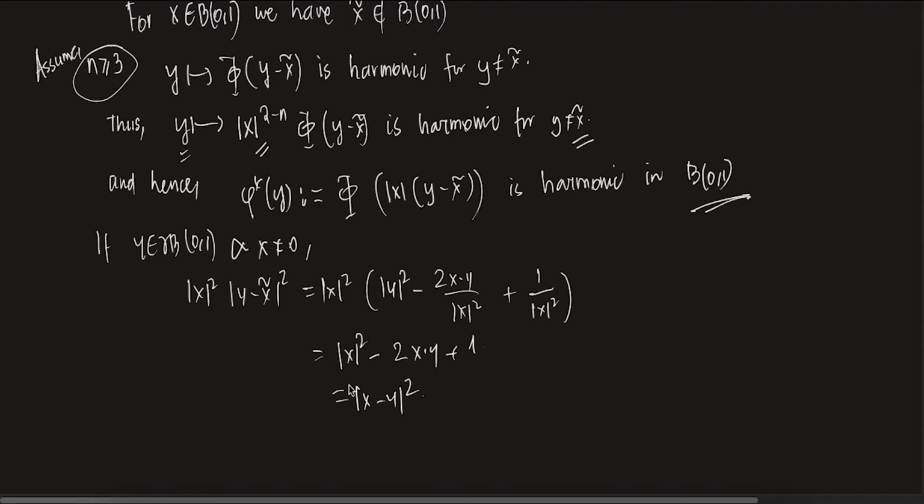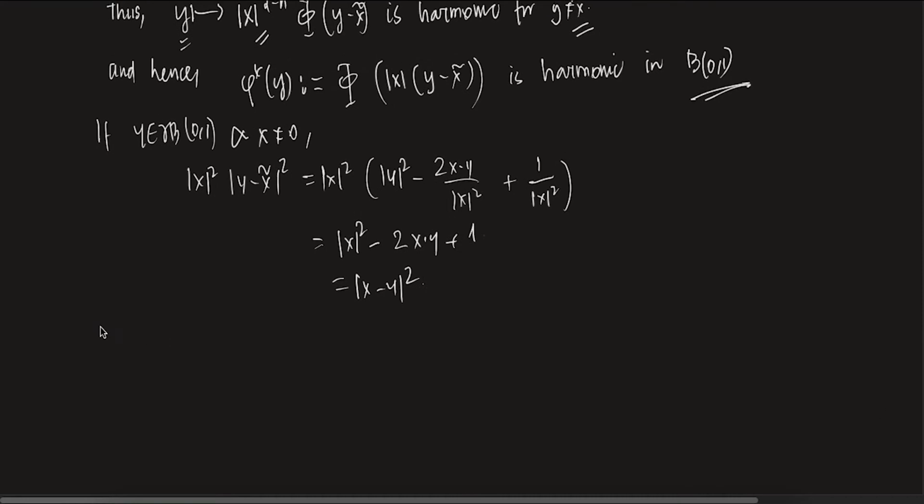So essentially what is happening here is, thus, let me write it: mod x times mod y minus x tilde to the power minus n minus 2 equals mod x minus y to the power minus n minus 2.